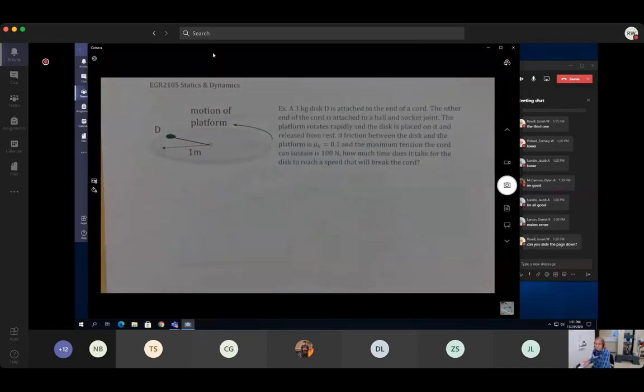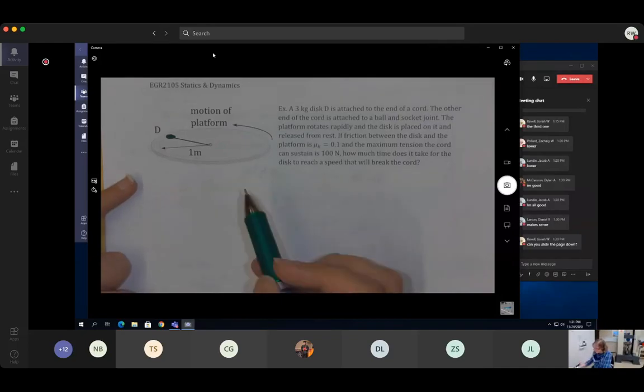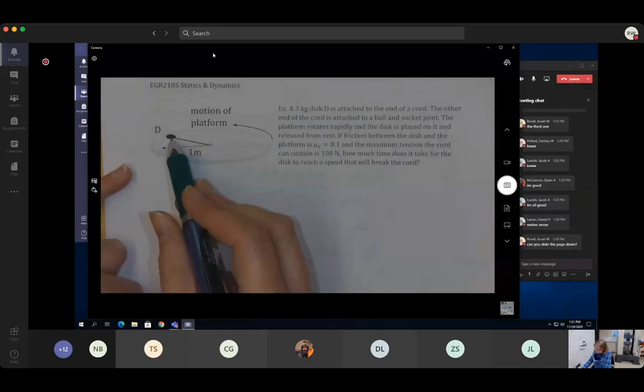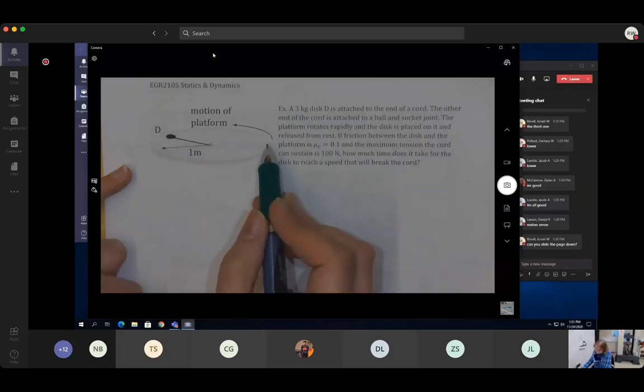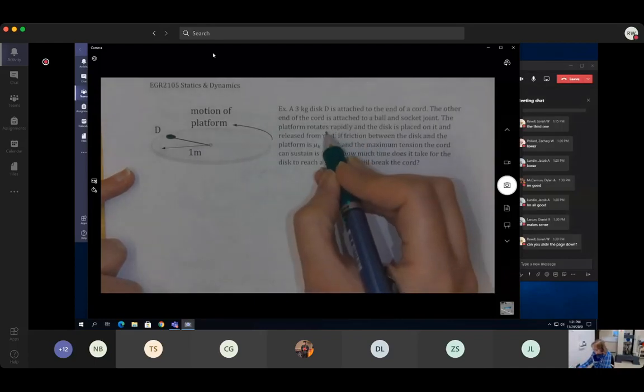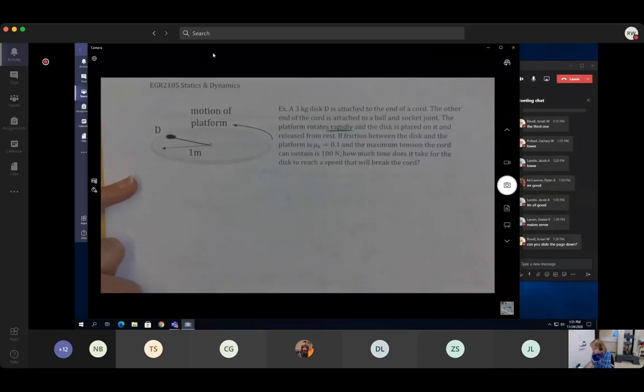So it's not going to wrap up on a post in the middle. It's just going to keep freely rotating. And so it's going to be dropped onto this platform that's rotating. We're not told how fast it's rotating, we're just told it's rotating rapidly.